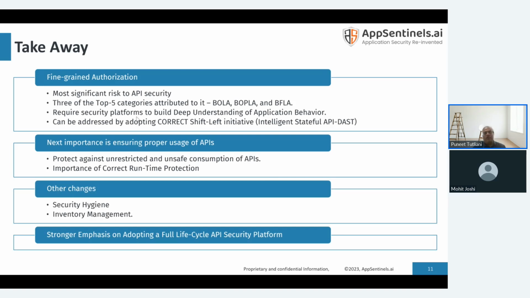Many of these problems can be addressed by adopting the right shift-left initiatives, things like intelligent stateful API testing, which would help address most of the problems that fine-grained authorization exposes organizations to. The next important takeaway is to make sure there are restrictions on APIs, there are rate limits, and there are checks and balances against unsafe consumption of APIs.